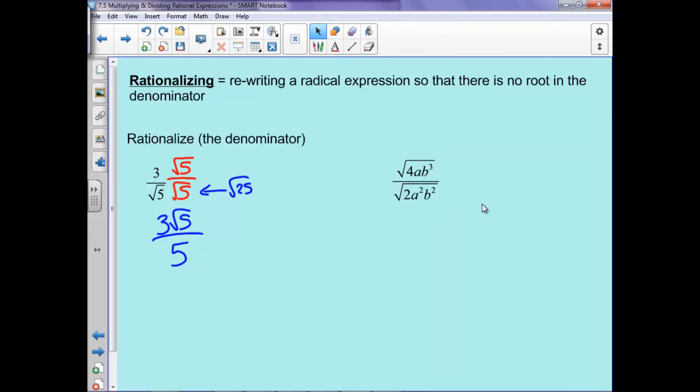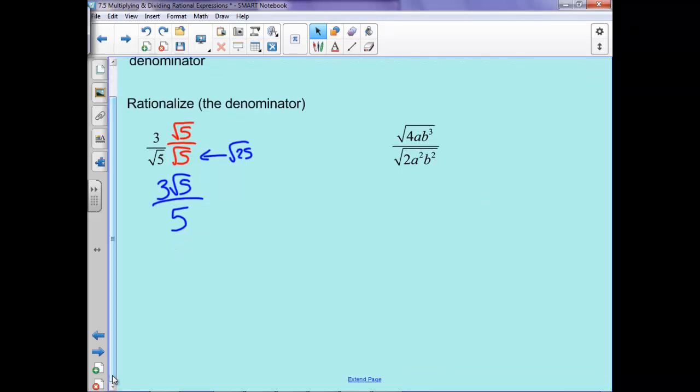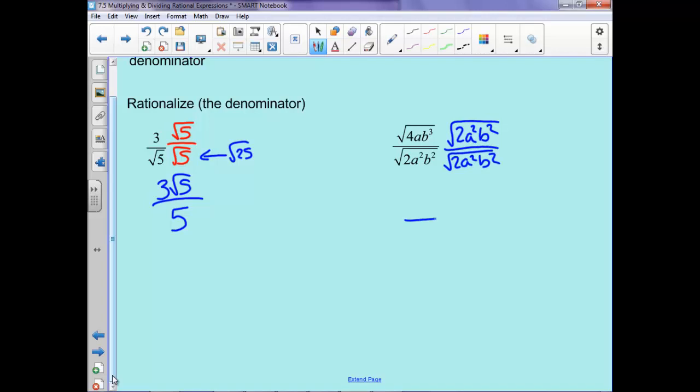Now on this one, there's two different ways we can go about doing this. Let's start with rationalizing the denominator. So we'd have to multiply both by 2a squared b squared, numerator and denominator. So now our denominator is just going to be 2a squared b squared.